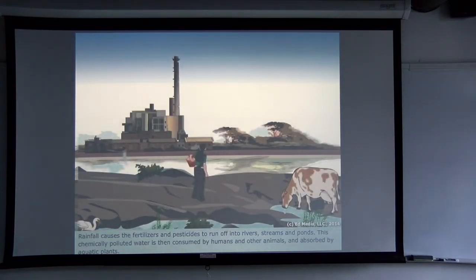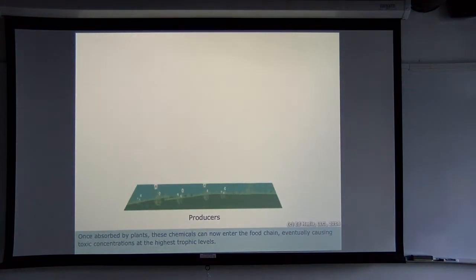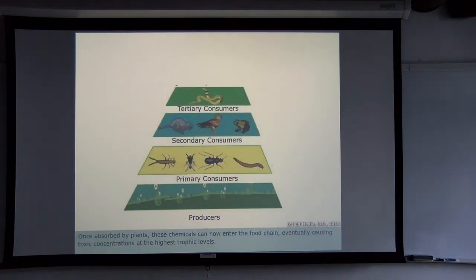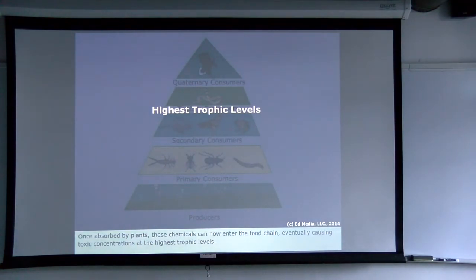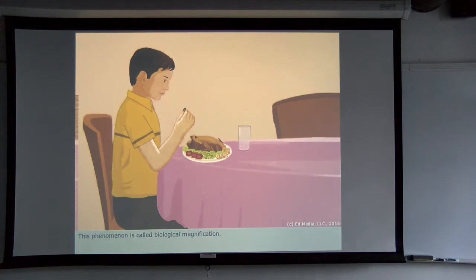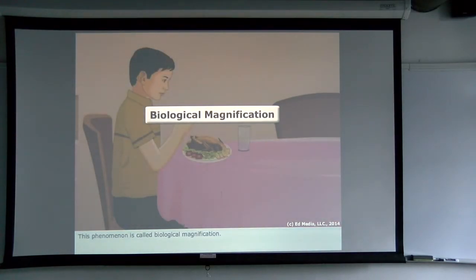This chemically polluted water is then consumed by humans and other animals and absorbed by aquatic plants. Once absorbed by plants, these chemicals can now enter the food chain, eventually causing toxic concentrations at the highest trophic levels. This phenomenon is called biological magnification.